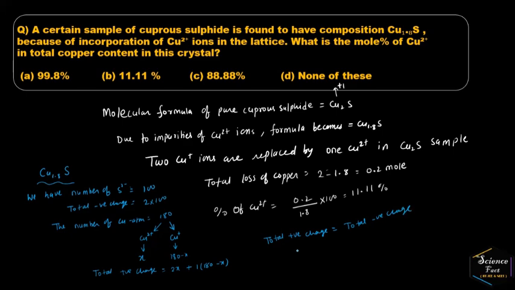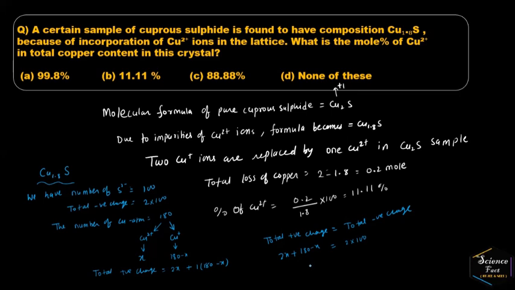So 2x plus 1 into (180 minus x) is equal to 2 into 100. No need to use the sign of negative; we only have to use the magnitude of positive charge and negative charge.